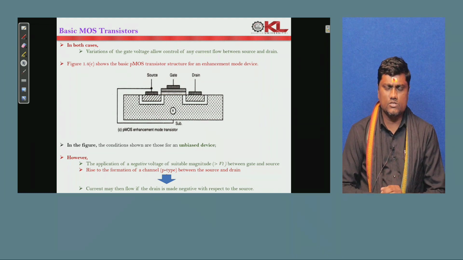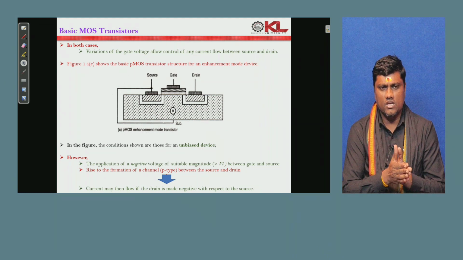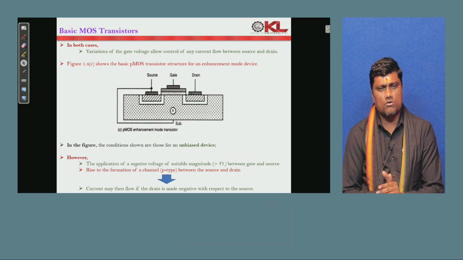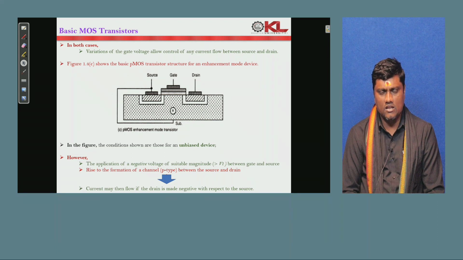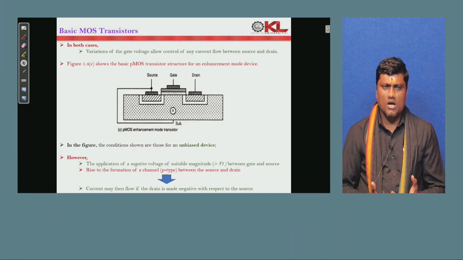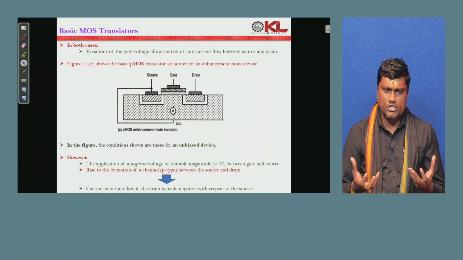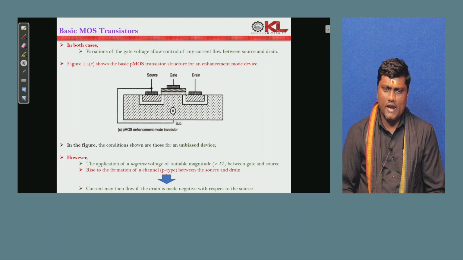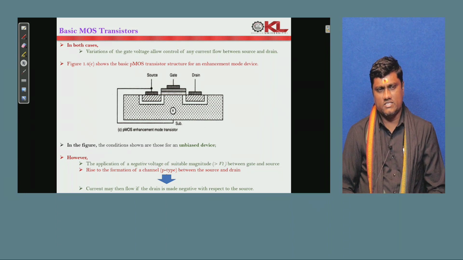In both cases, we can vary the gate voltage, which controls the flow of charge carriers in the channel from source to drain, so the current flow between the source and the drain can be controlled. Overall, in both enhanced mode and depletion mode, NMOS technology has been applied. Therefore they are called NMOS depletion mode and NMOS enhanced mode transistors.